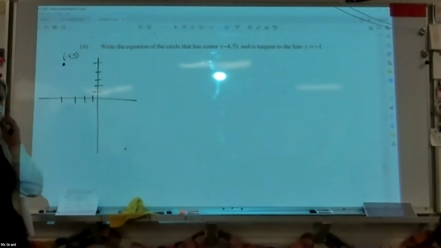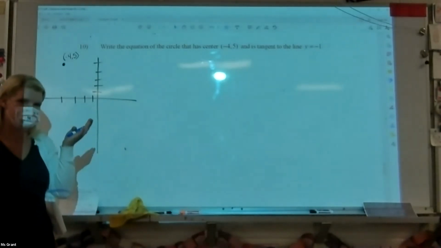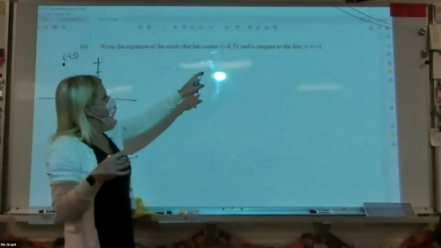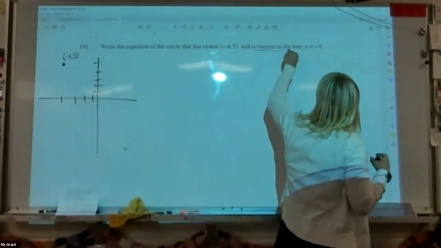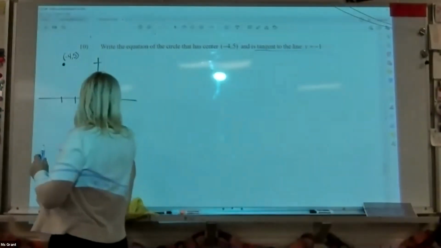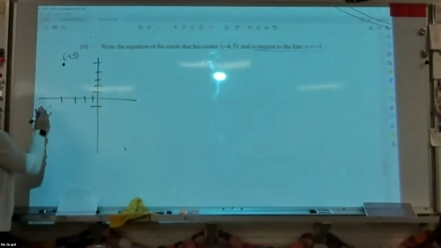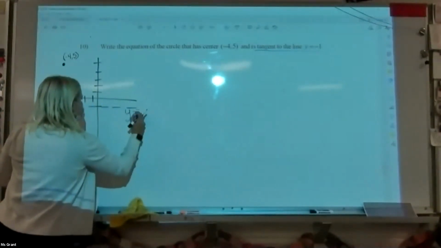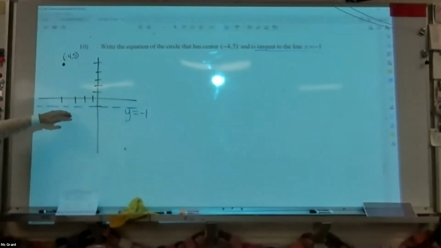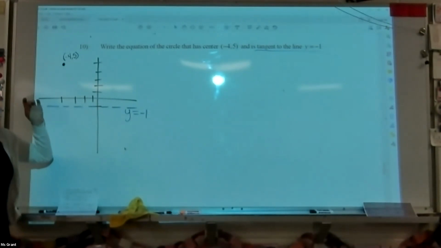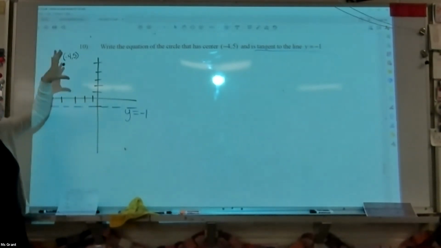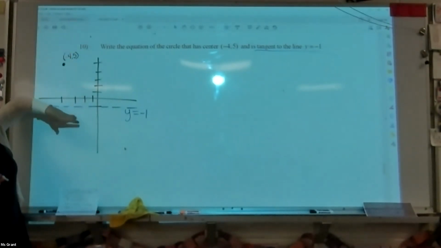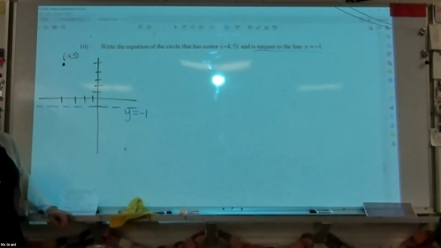I don't know how big my radius is. I do know that there's this y equals negative 1 line, which is this. So, my circle, this giant circle, needs to touch the blue dotted line.